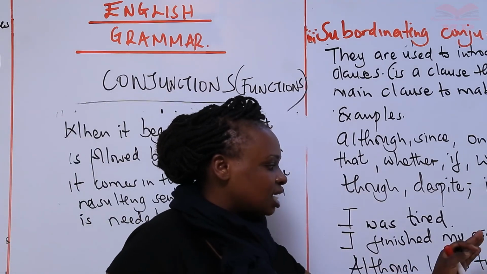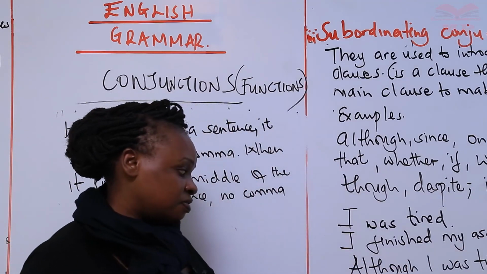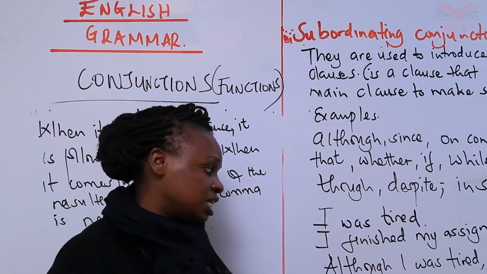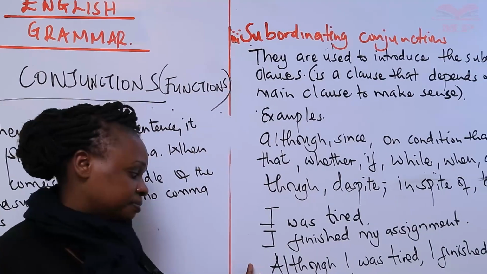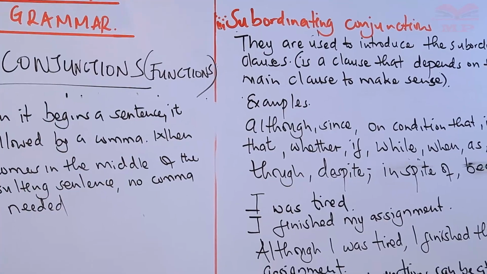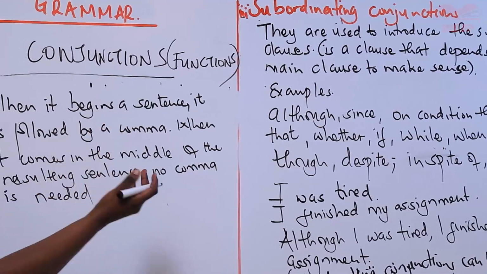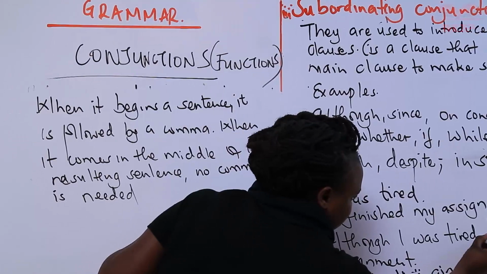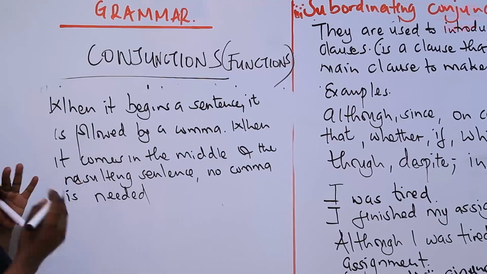Although I was tired, I finished the assignment. And we say that the subordinating conjunction can occur at the beginning. So here, it's occurring at the beginning. Now, it can also occur in the middle. And when it occurs at the beginning of the sentence, the comma must be there. When it comes at the end, no comma is needed.